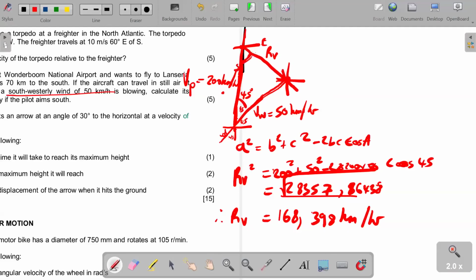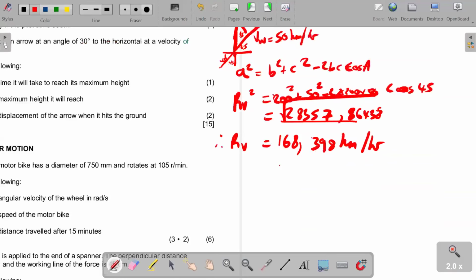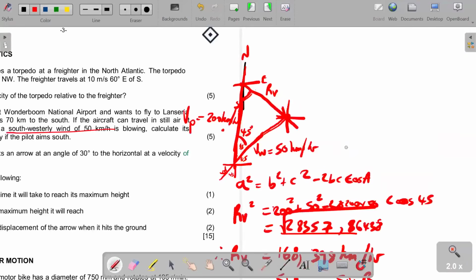We can use the sine rule, in the sense sine A over a is equal to sine B over b. Now we have RV, the resultant velocity, as 168.398 kilometers per hour.